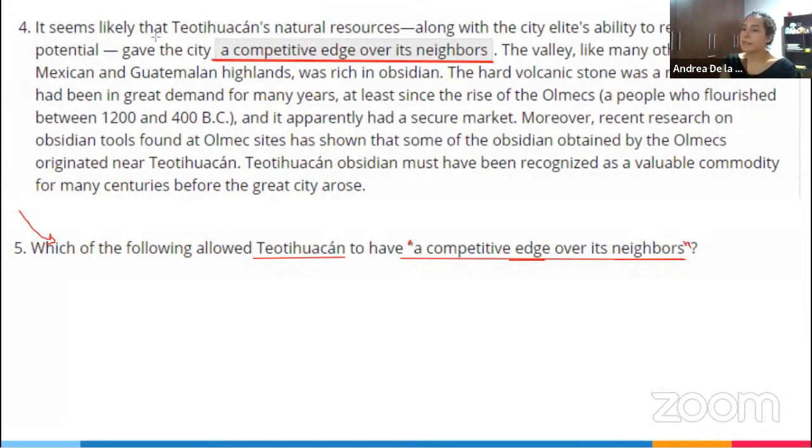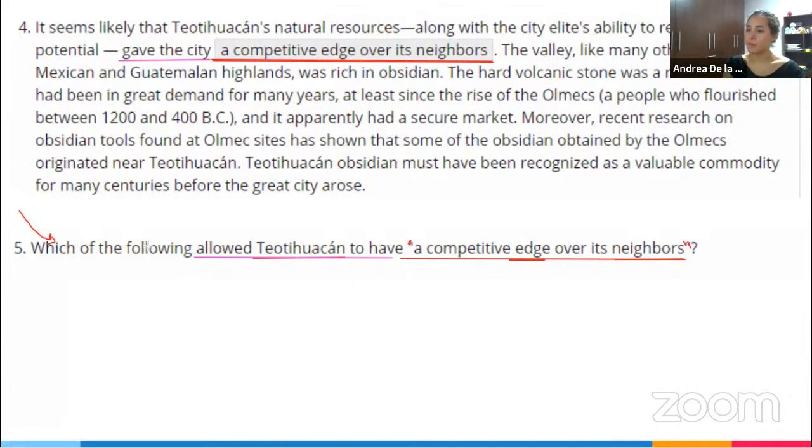It says, it seems likely that Teotihuacan's natural resources, along with the city elite's ability to recognize their potential, gave the city a competitive edge over its neighbors. And you already have the answer, right? Because it says, gave the city, which is the same as allowing the city to have, right? ¿Qué permitió que la ciudad tuviera una ventaja? ¿Qué le dio la ventaja a la ciudad?